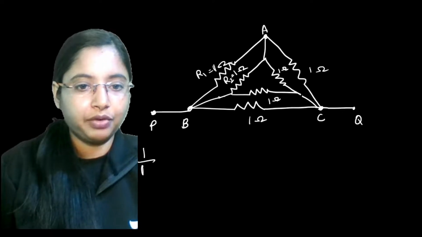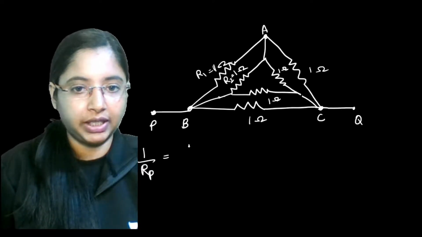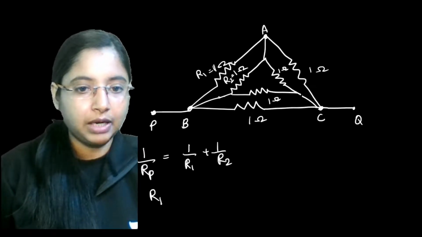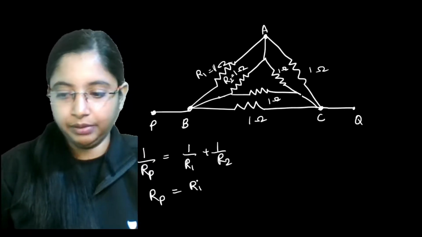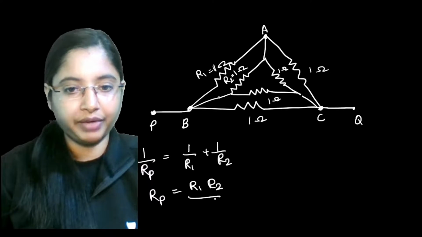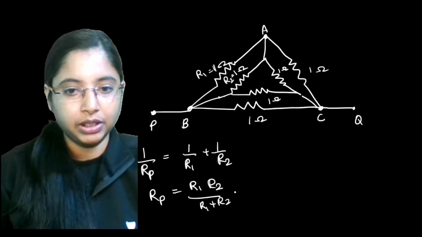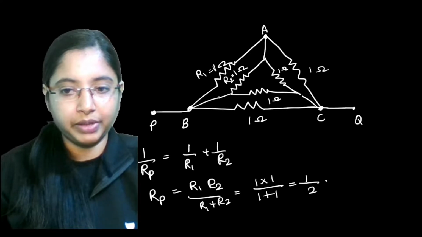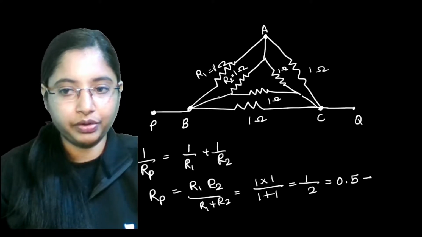So the parallel combination will be 1 by R1 plus 1 by R2, right? So Rp will be R1 R2 divided by R1 plus R2. So this will be 1 into 1 divided by 1 plus 1. So this will be 1 by 2, or 0.5 ohms.